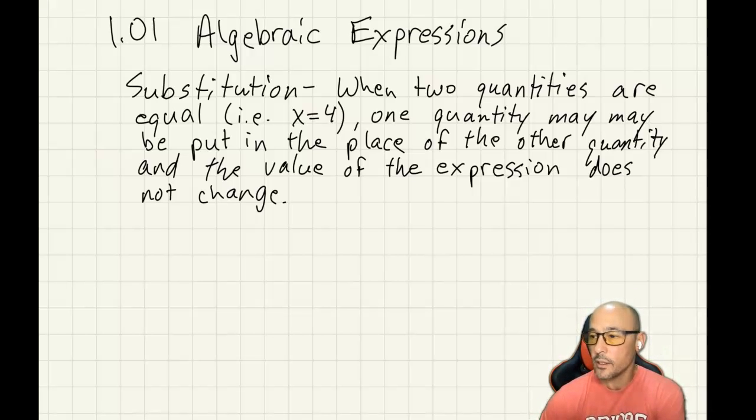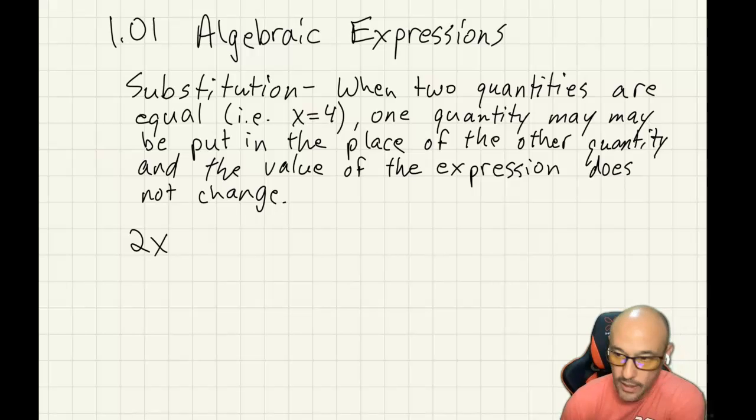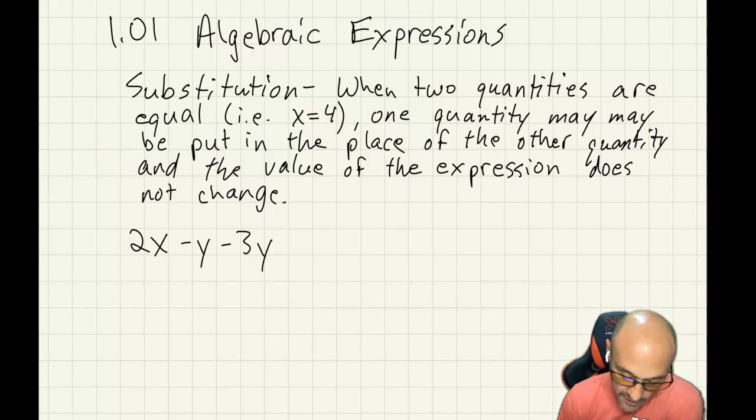We are going to look at some examples where we substitute and then evaluate. So let's look at the first example. We have 2x minus y minus 3z. Right now we don't know what the values of x, y, and z are.